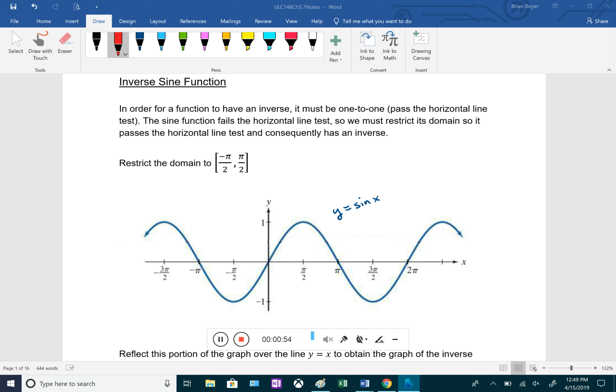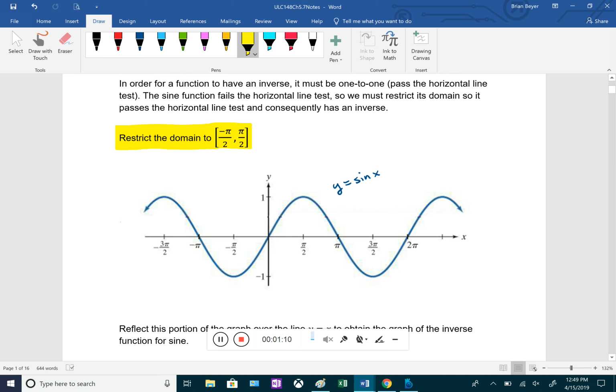So in order for sine to have an inverse function, we have to make it pass the horizontal line test. And what that means is we have to restrict the domain. The agreed upon domain to which we restrict is negative pi over 2 to pi over 2. For negative pi over 2, the sine function is right here. Positive pi over 2, it's right here.